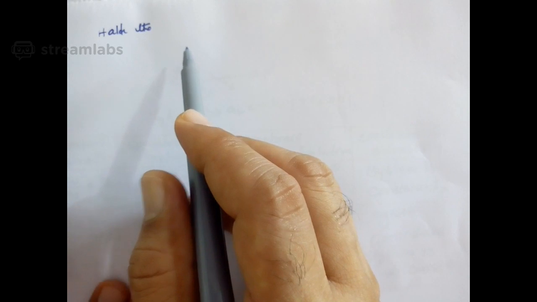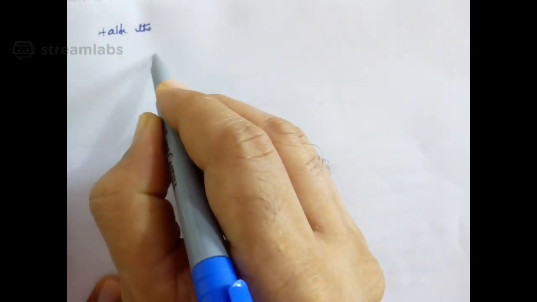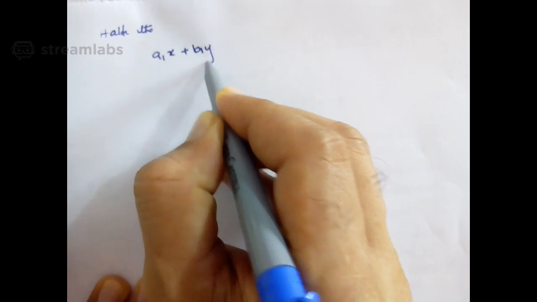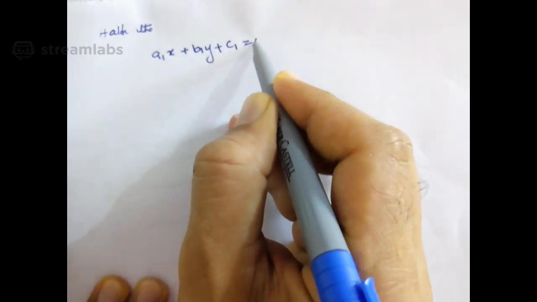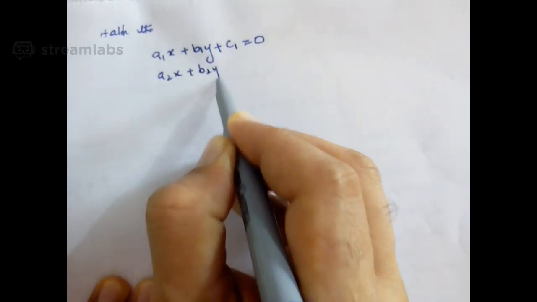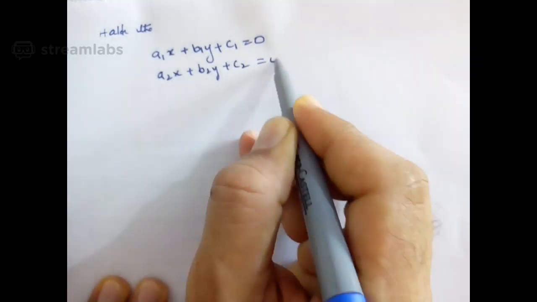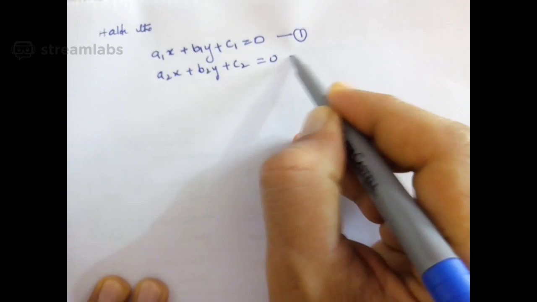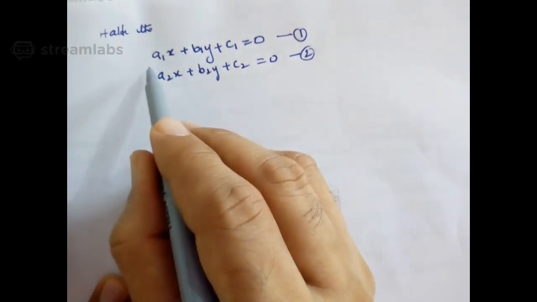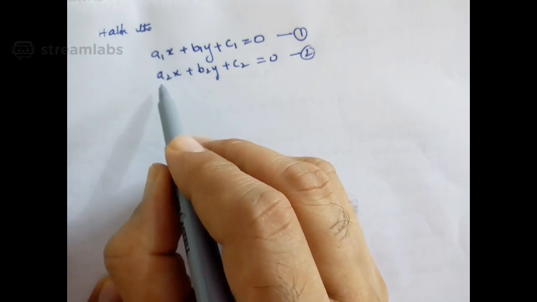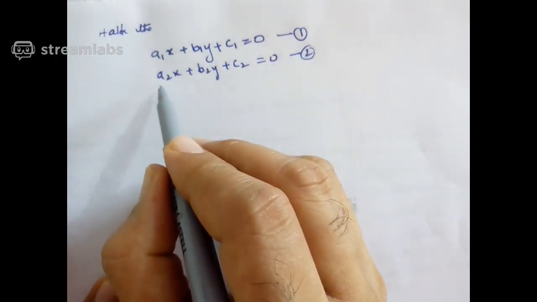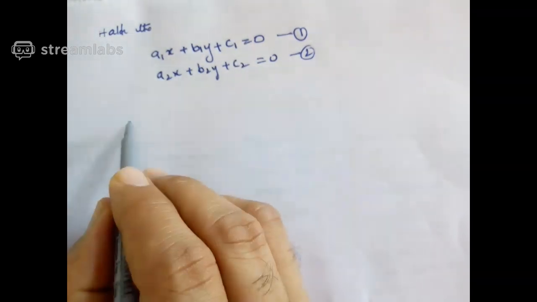Now the general form of a pair of linear equations is a1x plus b1y plus c1 is equal to 0, a2x plus b2y plus c2 is equal to 0. These are the pair of linear equations. Now you have to check without plotting the graph whether the lines are intersecting, coincident, or parallel. There are some conditions.